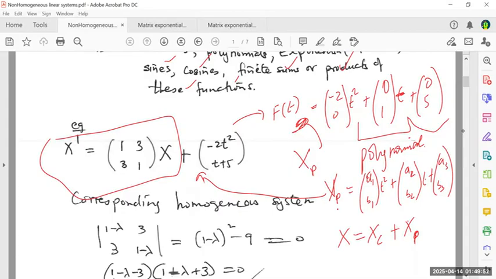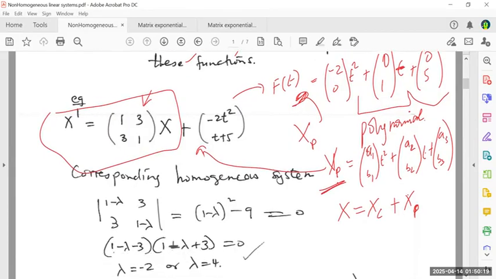So whatever we're doing for the homogeneous case, we now combine with what we do for the non-homogeneous case, where we need to do further work on finding the particular solution. And it works only when the coefficient matrix is constant. It's a matrix of constant entries.